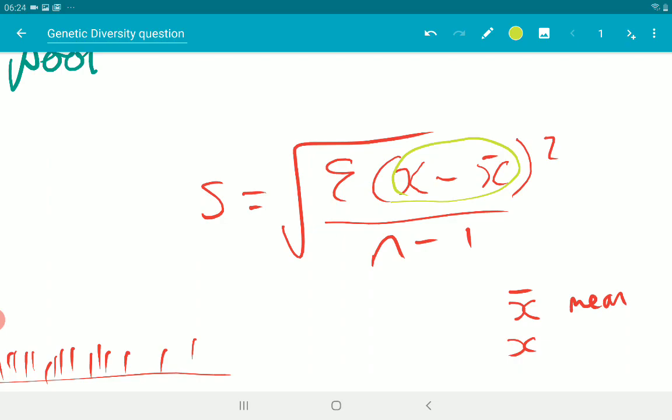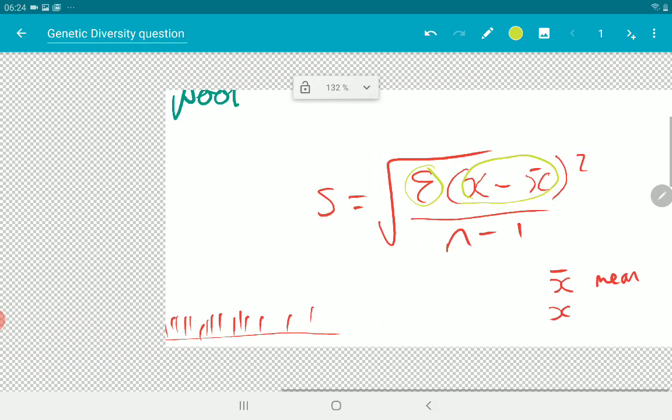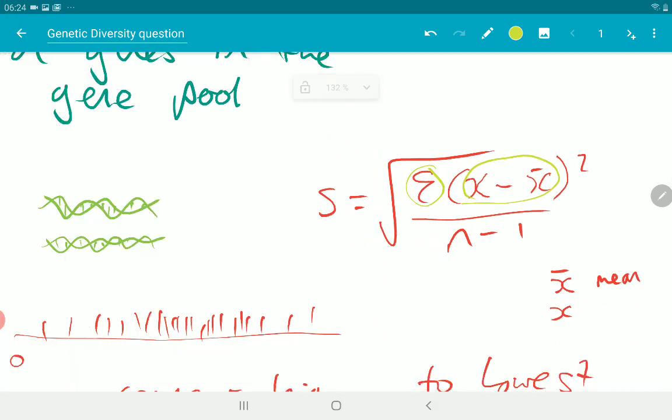We want to find out on average how far everything is away from the mean, so we add up all of the differences from the mean, the sum of, and then we divide it by the number of data points that there are. So if there were like 20 data points, we add up 20 times how far each data point is from the mean, and we divide it by the total number of data points.